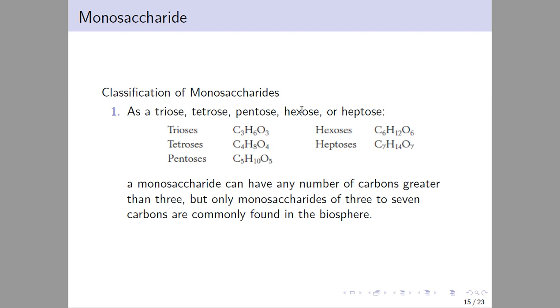Okay, so these are C3, C4, C5, C6, C7. So like I said, the monosaccharide can have any number of carbon greater than 3, but only monosaccharides of 3 to 7 carbons are found in our world.